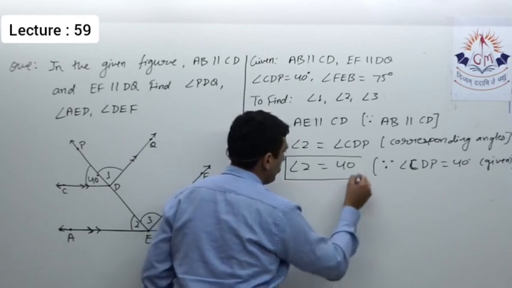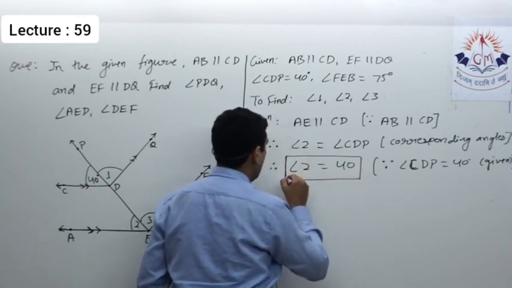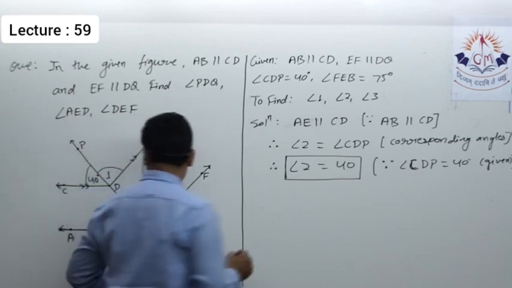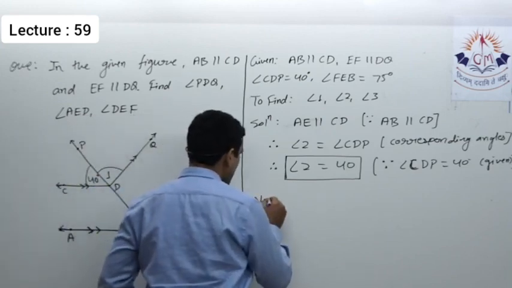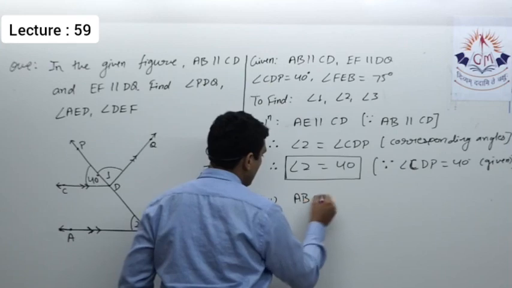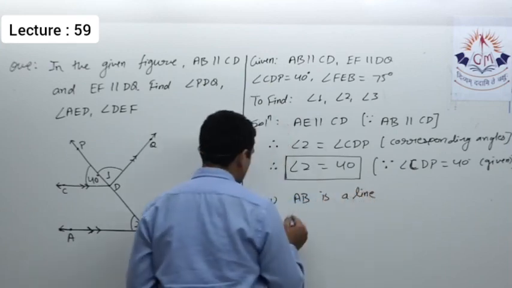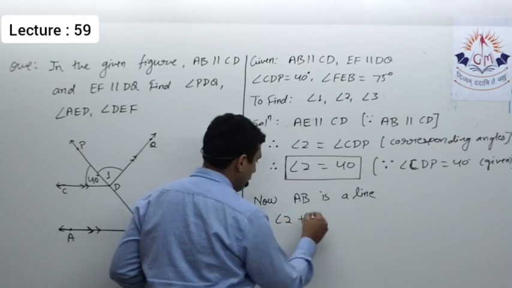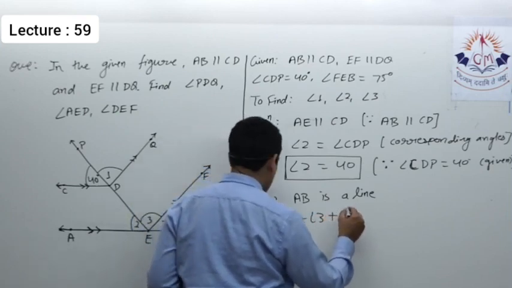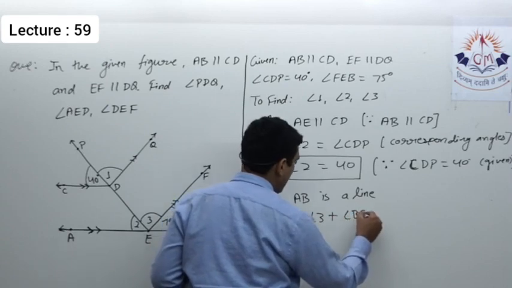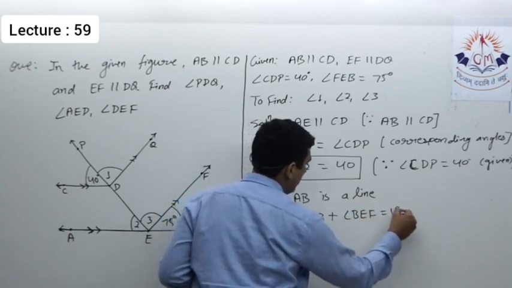We have to find the measure of angle 1, 2 and 3. So here I got the measure of angle 2. Now AB is a line. As AB is a line, I can say angle 2 plus angle 3 plus angle BEF, angle BEF is equal to 180 degrees.